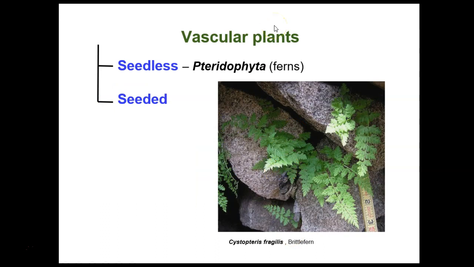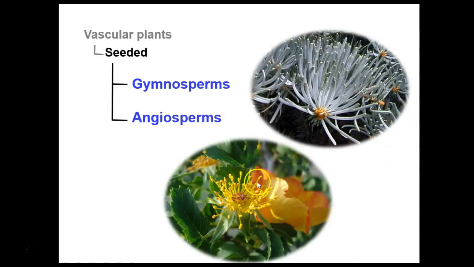Now, among the vascular plants, the plants that can transport water throughout their stems, there are seedless and seeded varieties of organisms. So the seedless varieties are ferns. Ferns have spores. They look like these little brown fuzzy dots on the underside of the leaves, and that is the reproductive material.